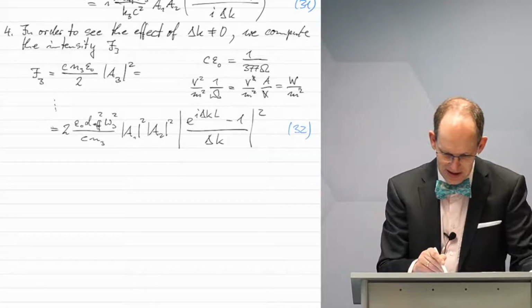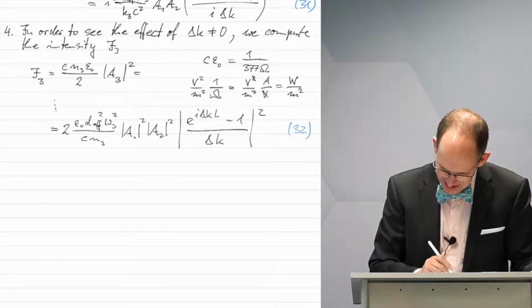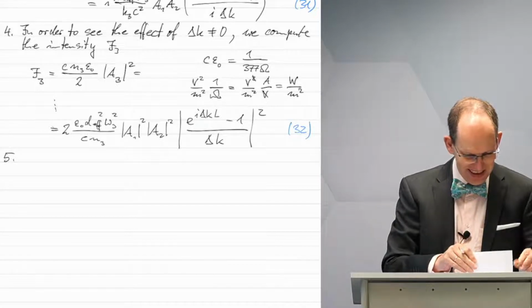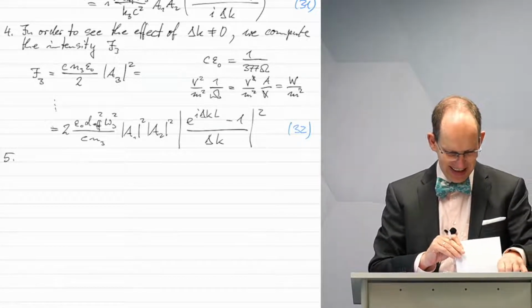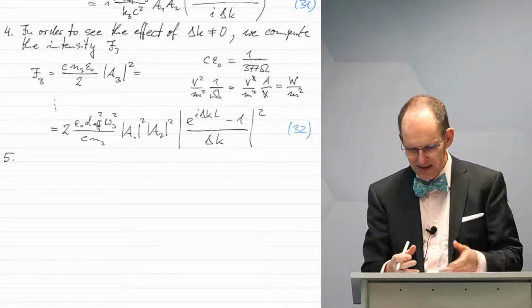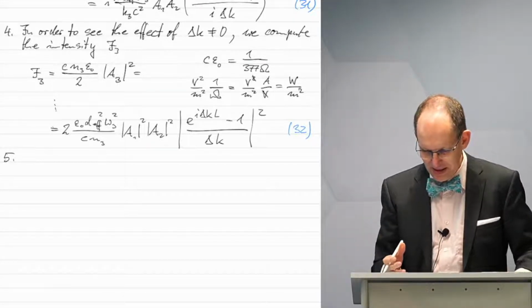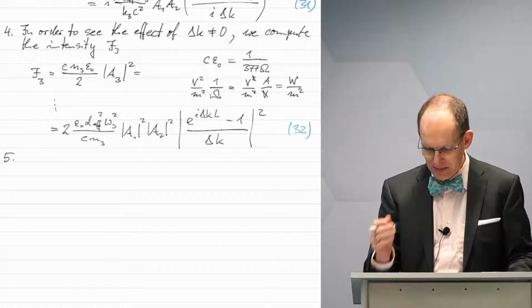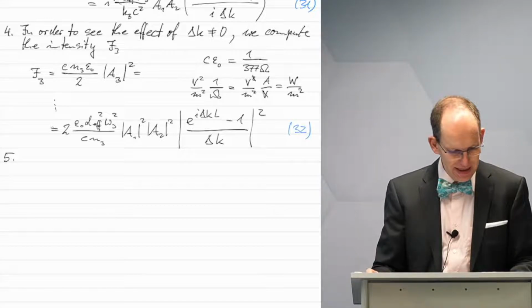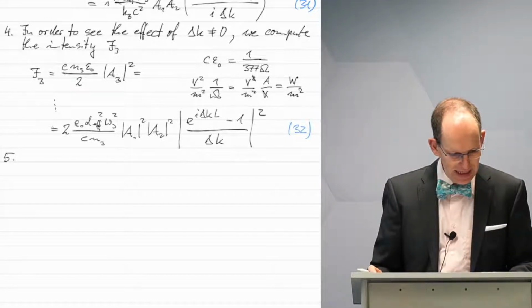Well, I wouldn't, so I would have to do it by hand. You see it's the magnitude squared of a complex thing, so we should get something real out of that.